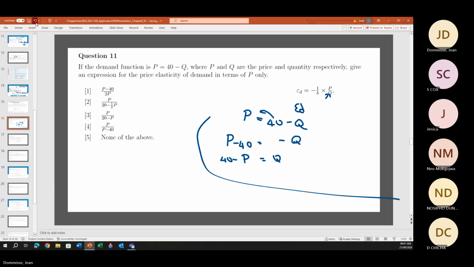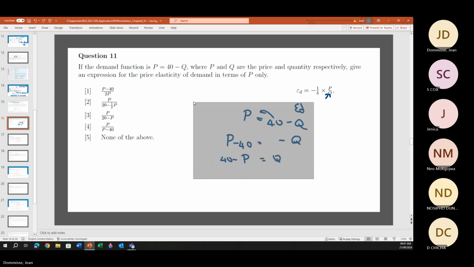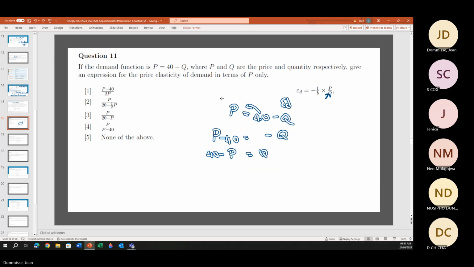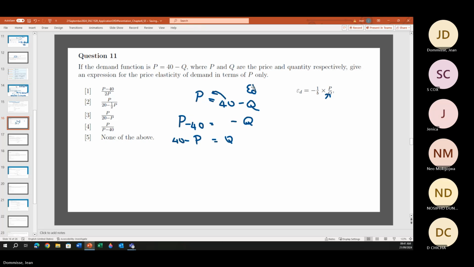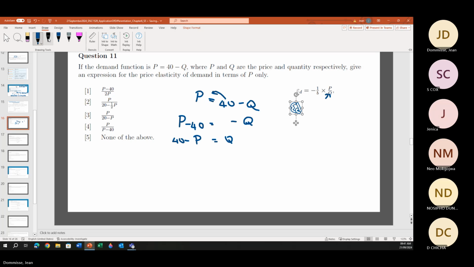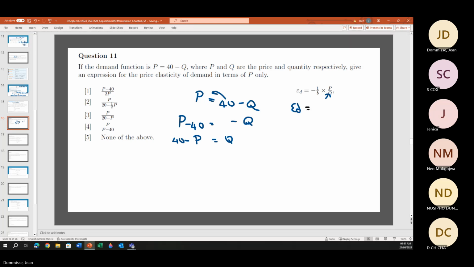Okay, so first let's look at what is minus B. The minus B is actually minus 1.